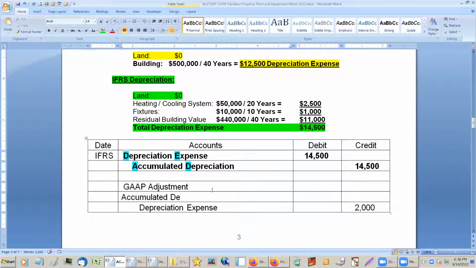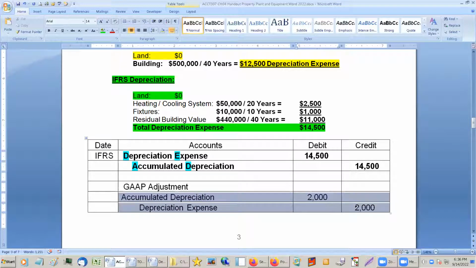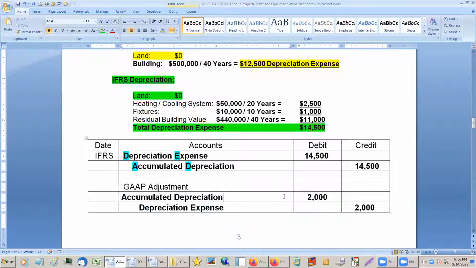So this would be the GAAP adjustment. We would be backing out, basically undoing this by $2,000 to get it into GAAP. And so after this would be that number.